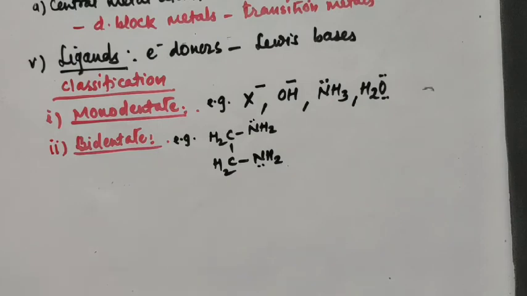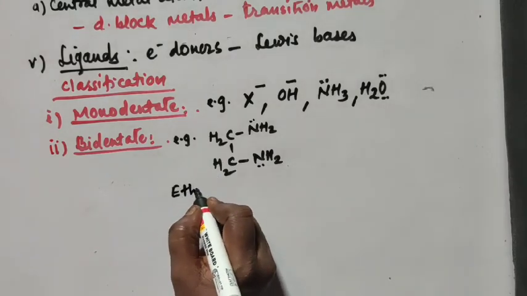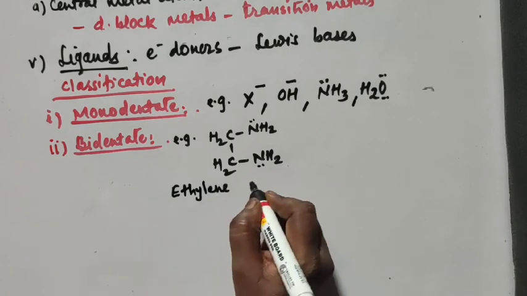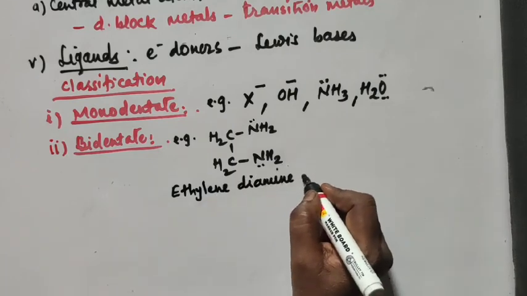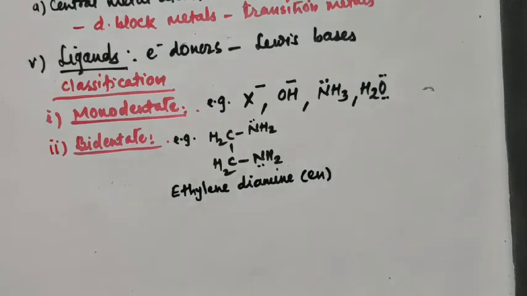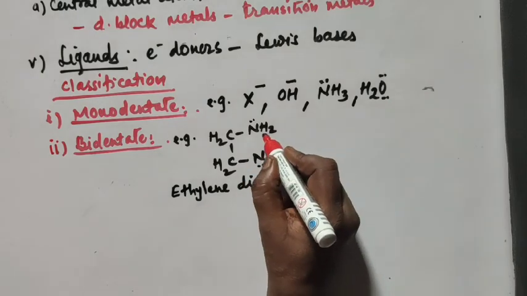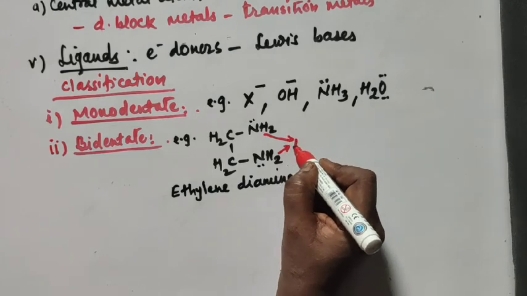The nitrogen atom contains a lone pair of electrons, so it can donate an electron pair for the bond formation, and the name of this compound is ethylene diamine. You can write it as only En. En means ethylene diamine. So the nitrogen atoms in this can donate electron pairs for the bond formation to M.